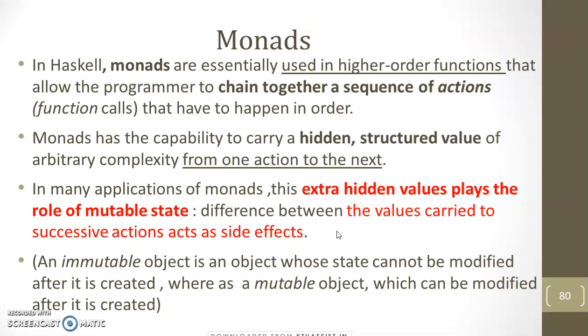An immutable object is an object whose state cannot be modified after it is created, whereas a mutable object can be modified after it is created. So the hidden structured value which is passed from one action to the next, those values are mutable objects.